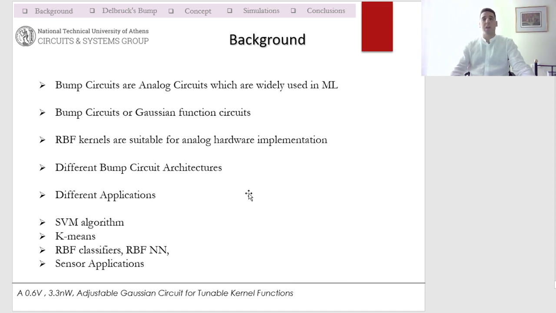In RBF neural networks, which perform effectively in classification and function approximation problems, the activation function of hidden layer neurons is an RBF. Also, they are used as kernels in non-linearly separable cases of the support vector machine (SVM) algorithm, in which the kernel trick allows operation in high-dimensional feature space.